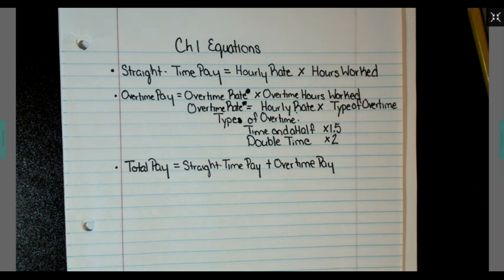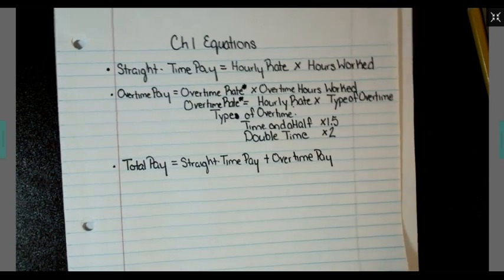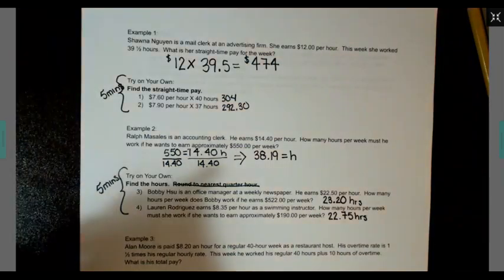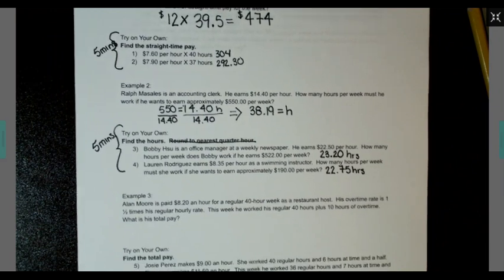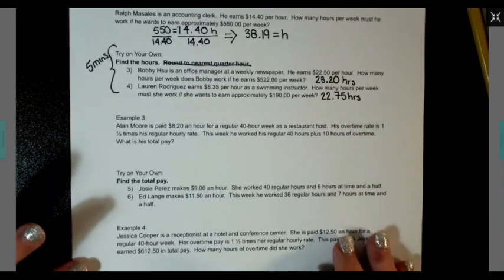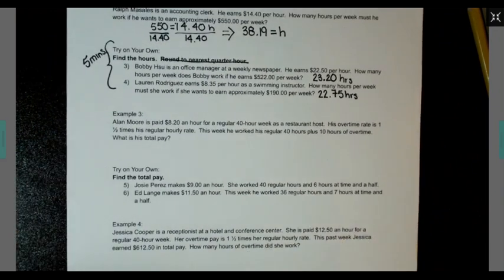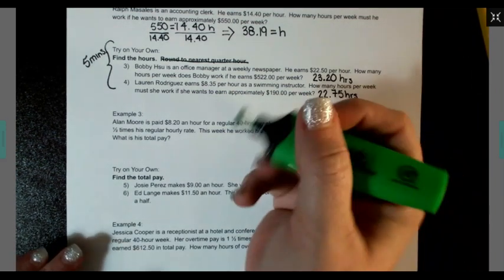Let's dive into some examples. Let's go back to that example sheet that I had given you for 1-1. You'll see example 3 written down there. Let's take a look at it. Alan Moore is paid $8.20 an hour for a regular 40-hour work week.